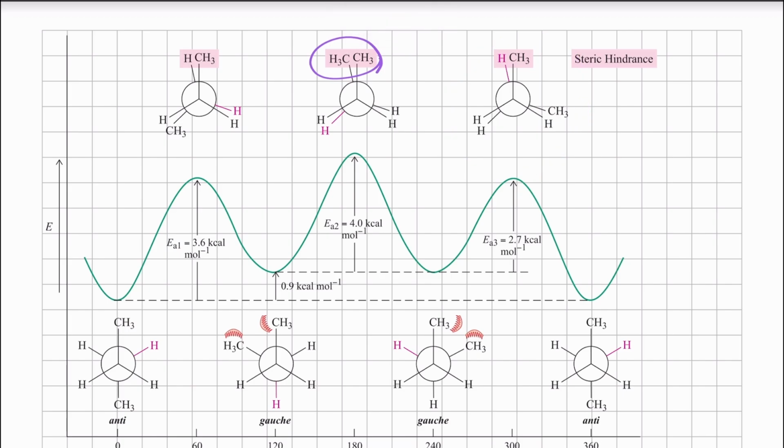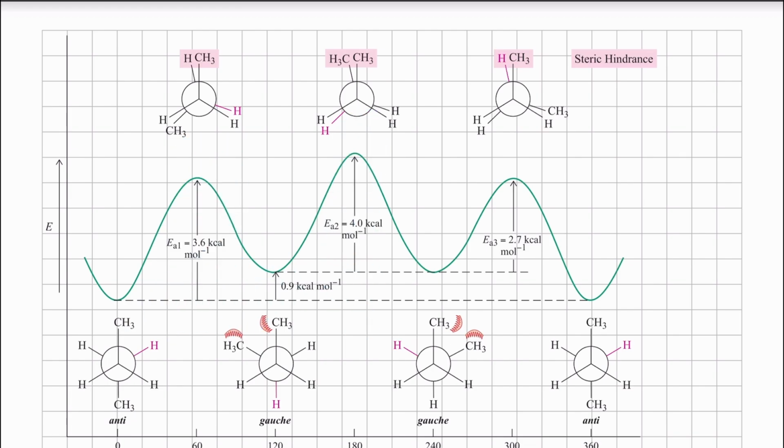If you look at these numbers, you can see there is a little difference between those two conformations. This one has 3.6 kilocalories compared to the most stable conformation, but this one has 4.9 kilocalories compared to the most stable conformation.